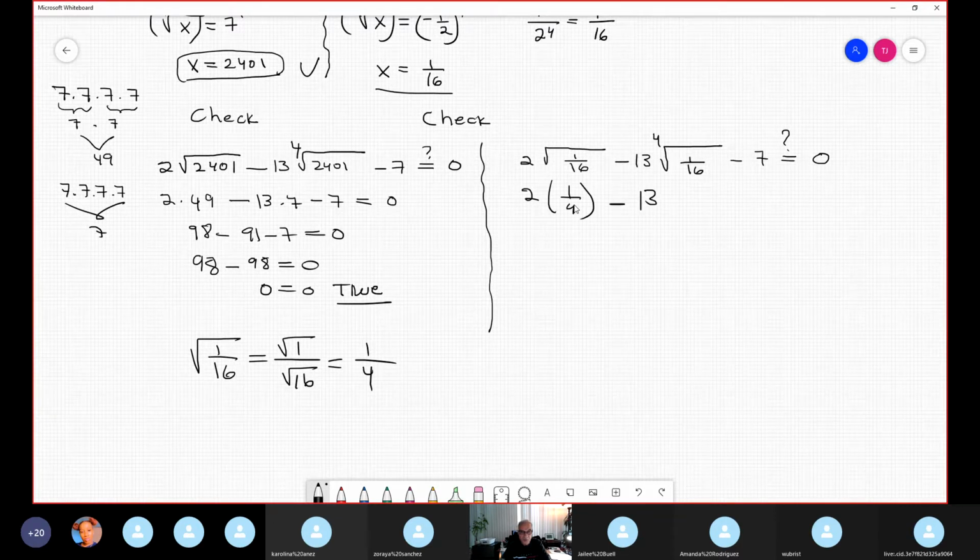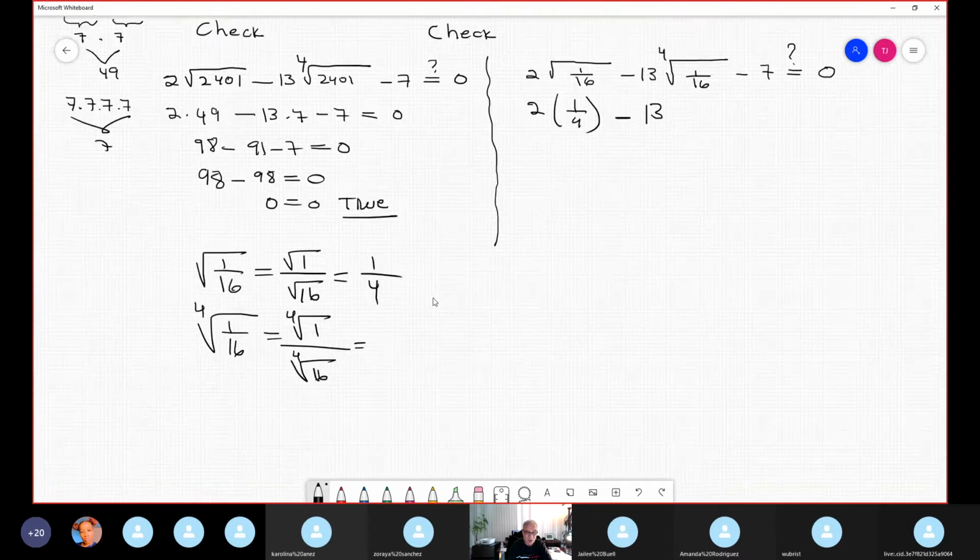Now 13 times the 4 root of 1 over 16 is the 4 root of 1 over the 4 root of 16. The 4 root of 1, remember, it's a magic number. When you raise to any power or you take any root, the answer is always 1.